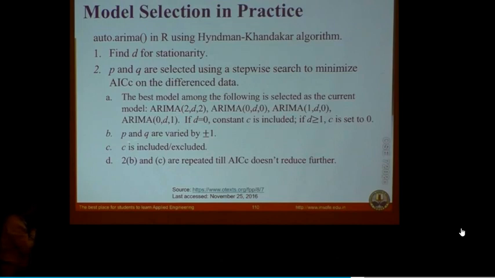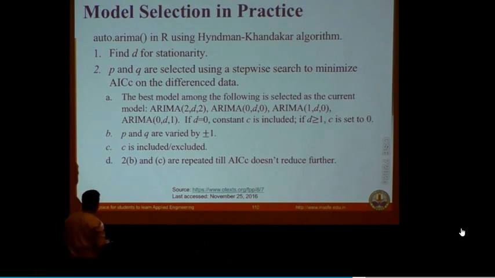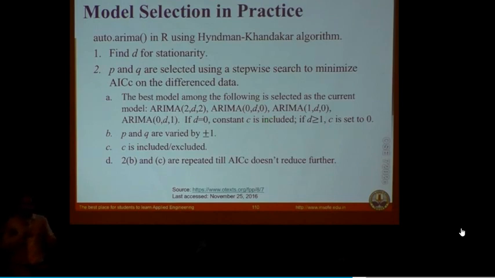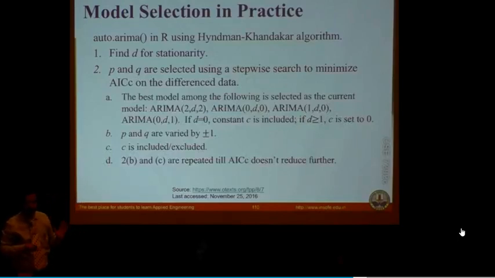Then, once you have done that, P and Q are changed one by one, plus 1, minus 1, plus 1, minus 1, and the model is run and checked. That's what auto.arima is doing internally. Will that be better? Maybe. It checks the AIC, and whatever minimizes the AIC is fitted as the final model. Even the constant, the drift, is included true or false, but if the differencing is more than 1, even if you include it, it will kick it out anyway.